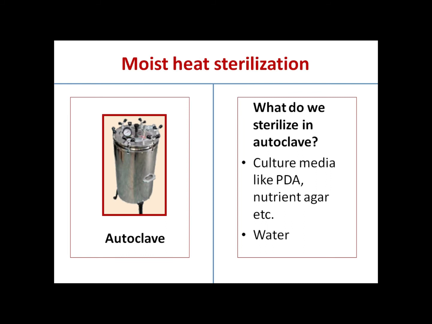Water will produce steam on boiling, and that steam under pressure will sterilize the materials kept inside the autoclave. This equipment is used to sterilize culture media like PDA, nutrient agar, or any other media that are used in plant pathology experiments, and water. So water can be sterilized using an autoclave.